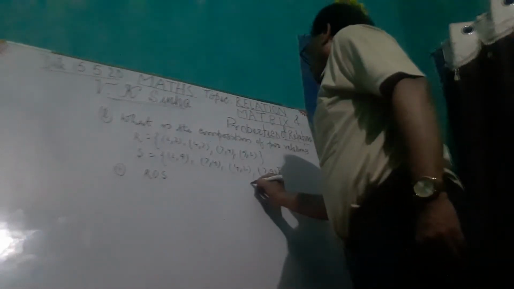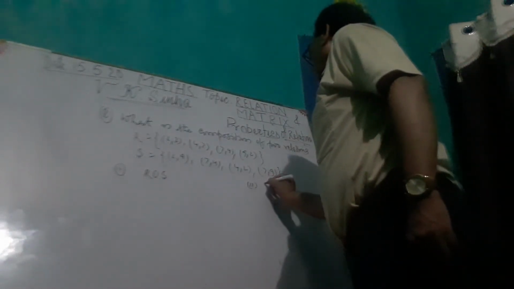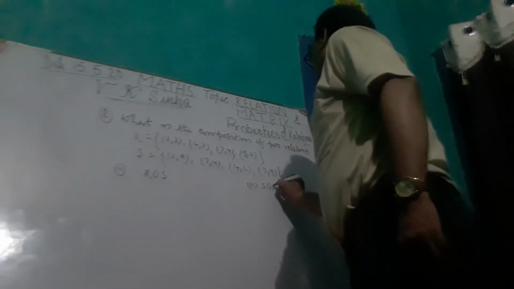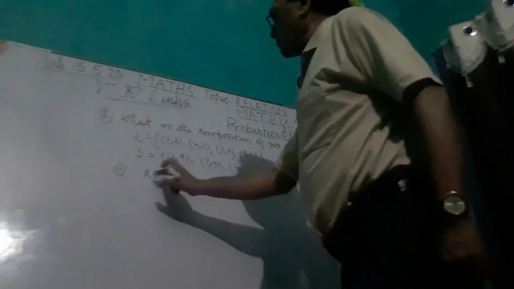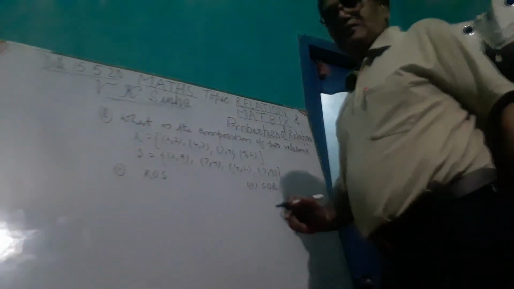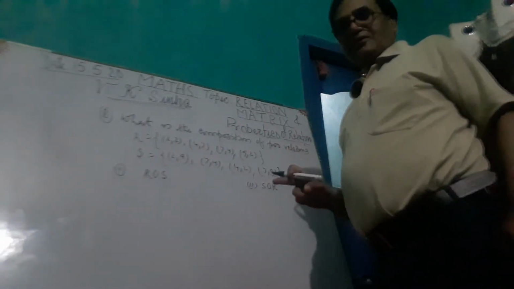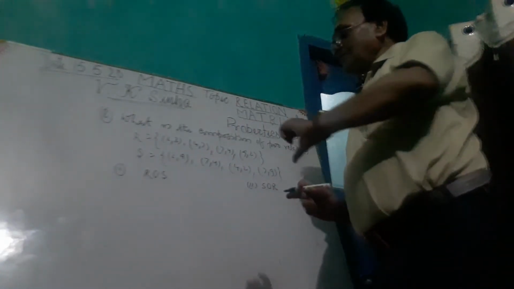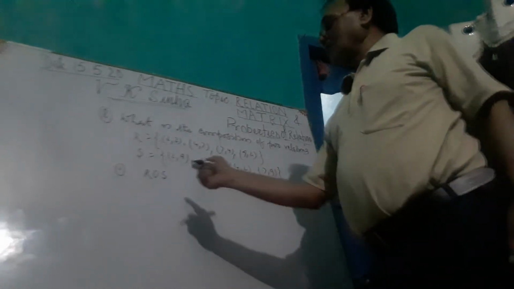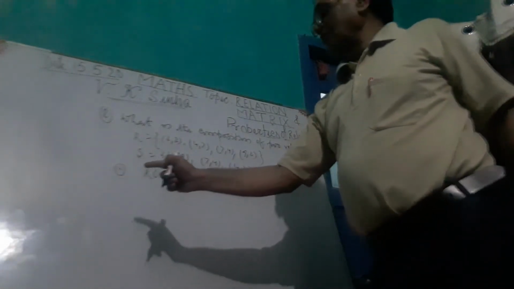First ROS and second SOR. How? That means the composition relation of SOR is denoted by ROS. So we read here in inverse order.